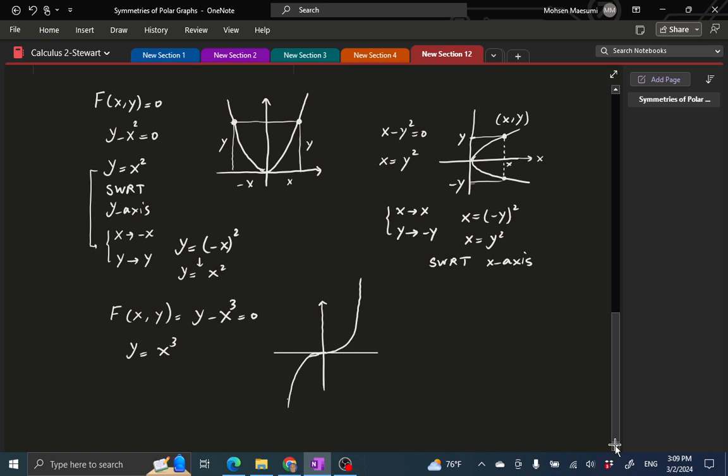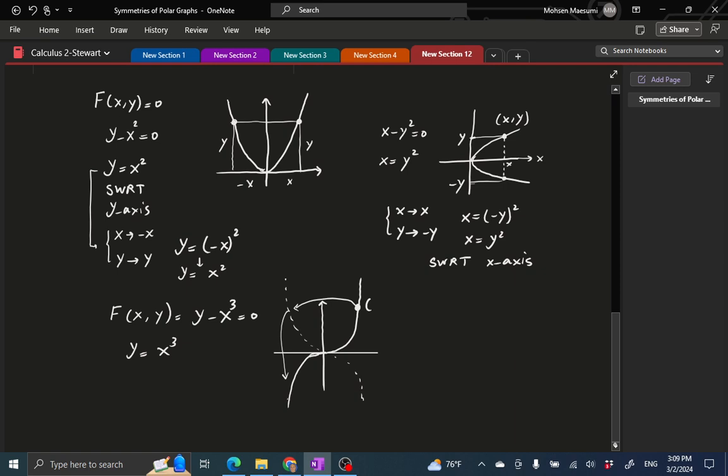In some sense, it has a double symmetry, meaning if you take this thing, rotate around the y-axis once, you get this, and take this and rotate it around the x-axis. So once around the y-axis and once around the x-axis, you come back to the curve that you had.